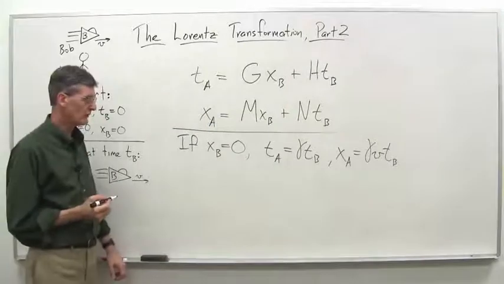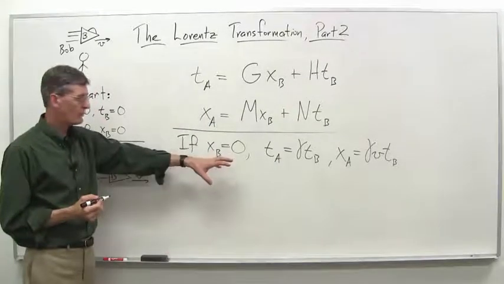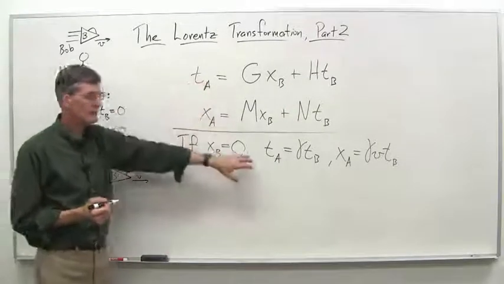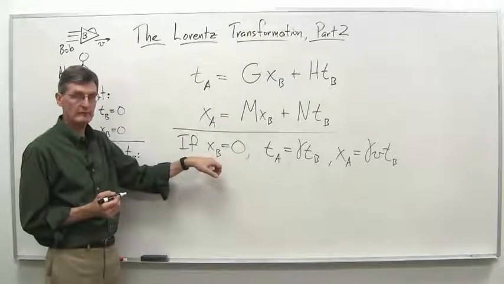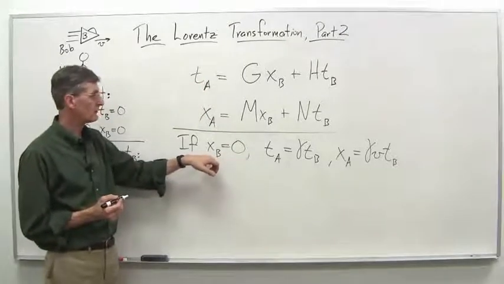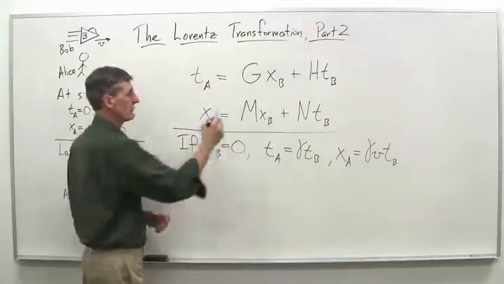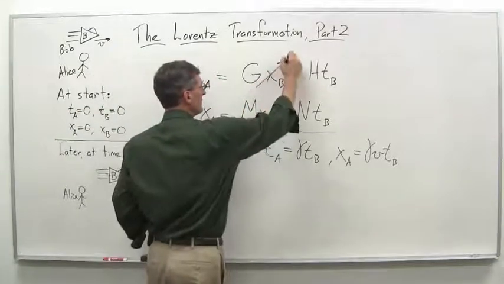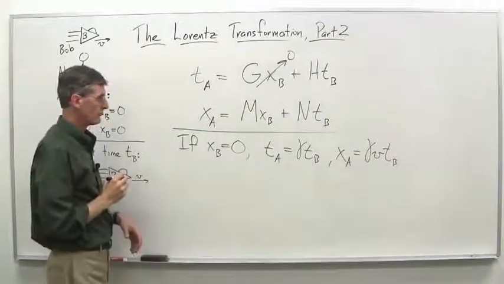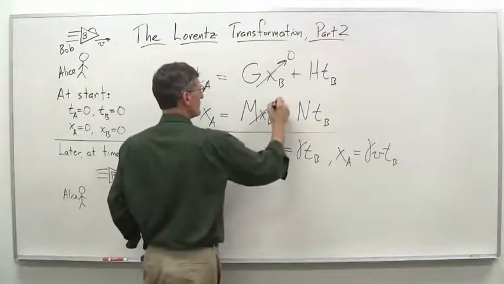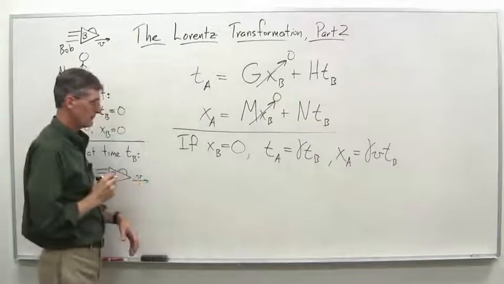Those were the two equations we came up with. And as we said before, these equations have to match these for this special case. So if XB equals 0 and we plug it into our equations here, this term goes to 0 for this special case, and this term goes to 0 as well.